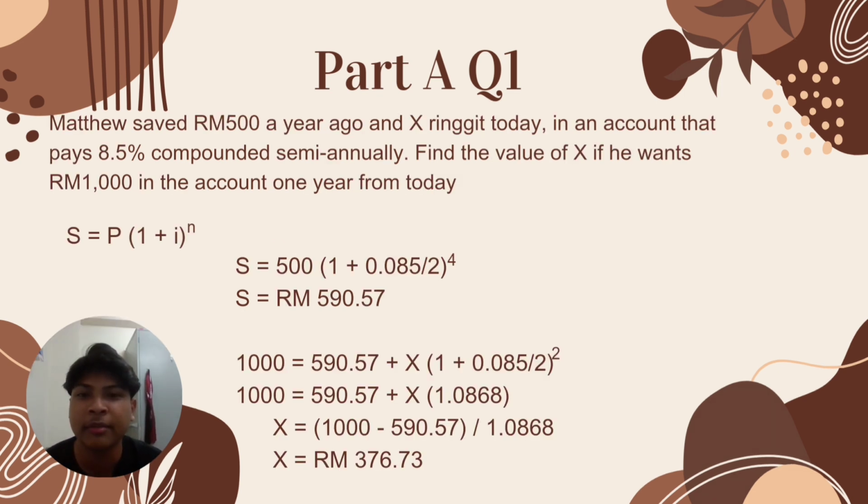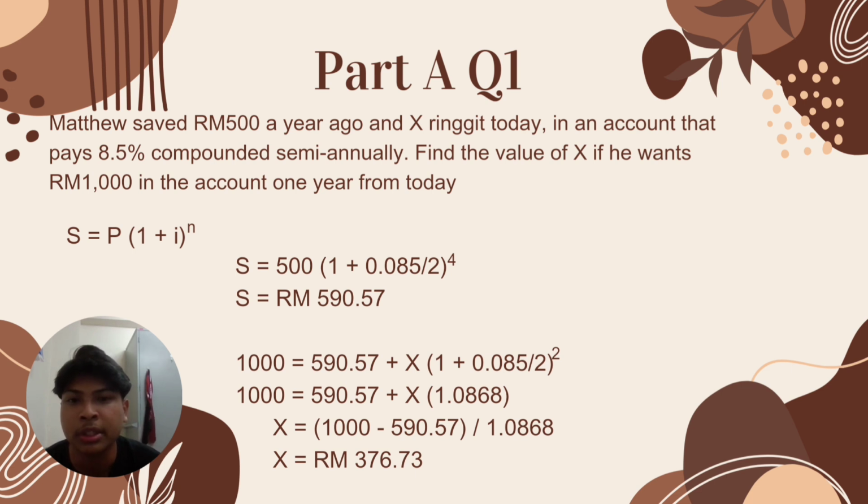Matthew saved RM500 a year ago and adds RM X today in an account that pays 8.5% compounded semi-annually. Find the value of X if he wants RM1,000 in the account 1 year from today. So we use the formula S equals P(1 plus i) to the power of n.